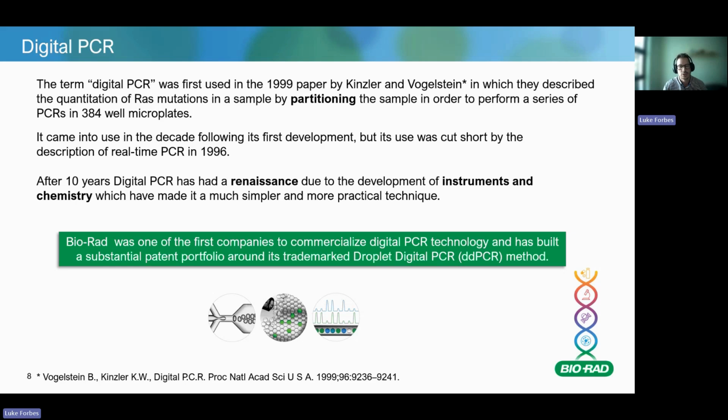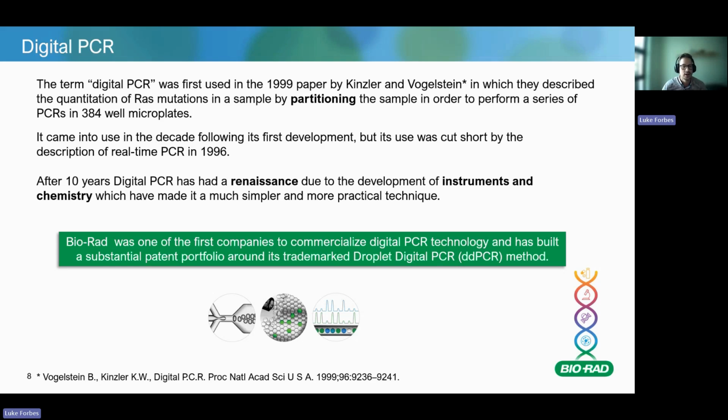So each partition or droplet has to be the exact same size as the other. And obviously building a method where you're taking a 20 microliter reaction and dividing it into 20,000 smaller volume reactions is obviously very complicated and requires highly precise instruments. So that's why only until about late 2010, 2011 was there really acceptable commercial methods.